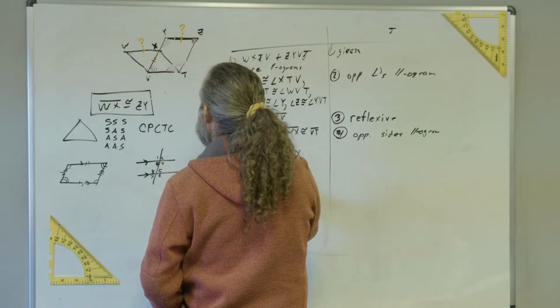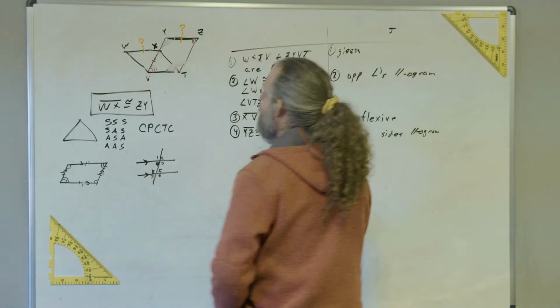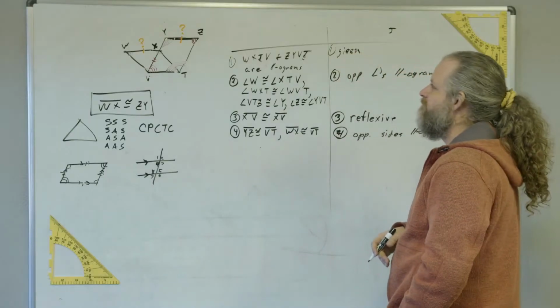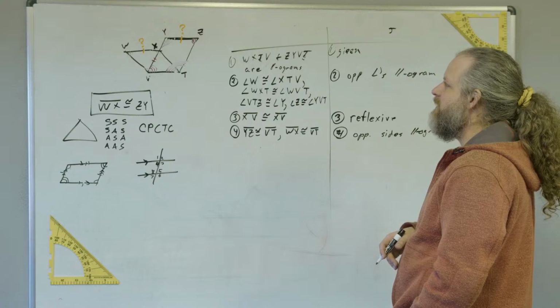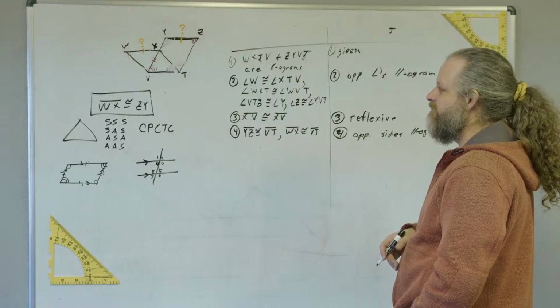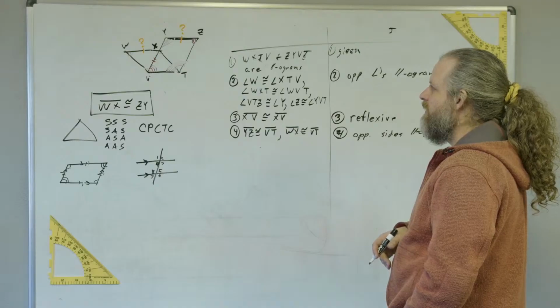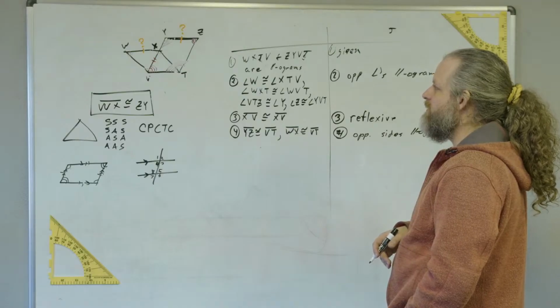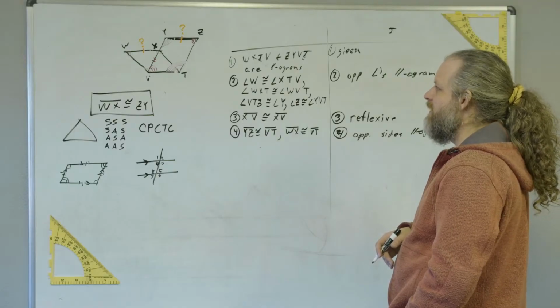No. Wait. Why do we do all that extra work? Is that literally what we're trying to prove? WX is congruent to VT. YZ is congruent to VT.